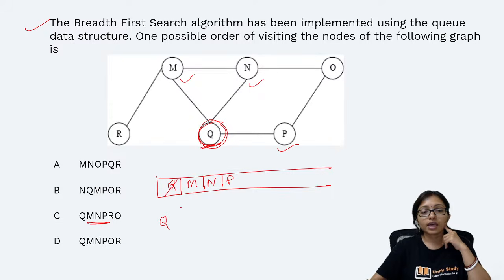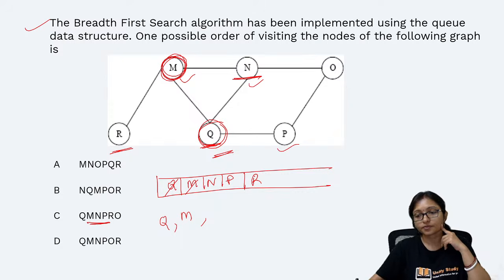Now Q came out. Whenever M comes out, I need to insert the adjacent nodes of M. N is adjacent, already there. Q is adjacent, already there. R is adjacent, I need to insert R.